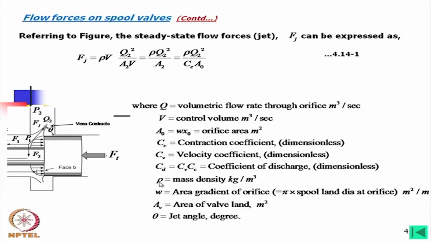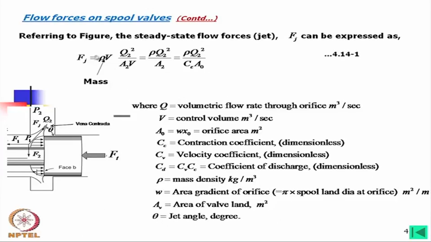Okay. Then rho is the mass density, in kg per meter cube, and W is the area gradient. I have already explained. If it is not full, then instead of pi we will use the actual angle of opening divided by 2 into the diameter, or angle of opening into the radius of the spool land diameter, right. AB is the area of valve land, in meter square, and theta is the jet angle, in degrees.